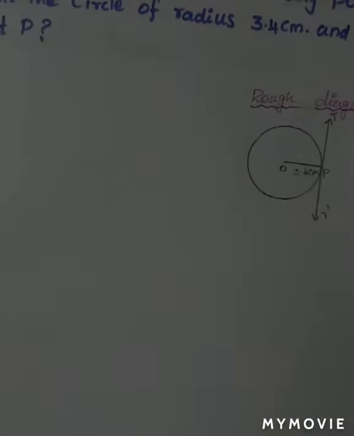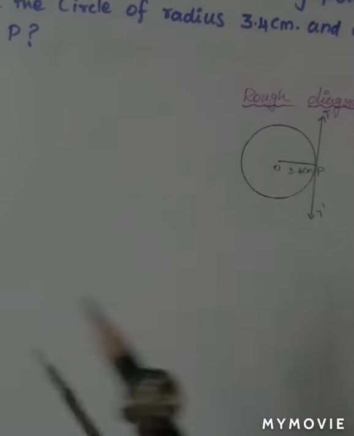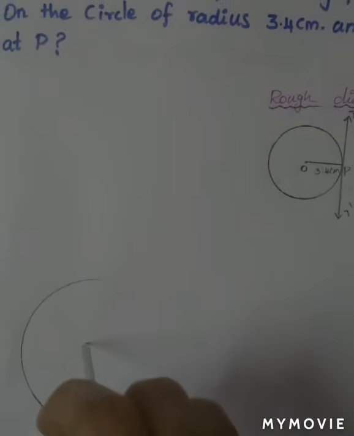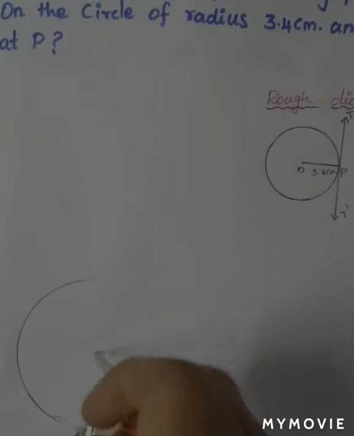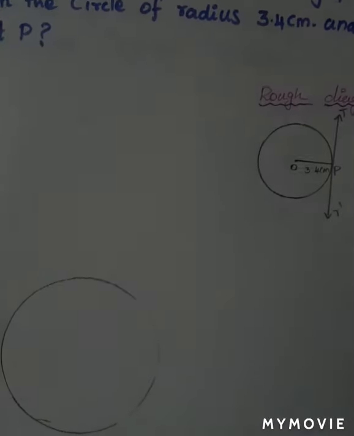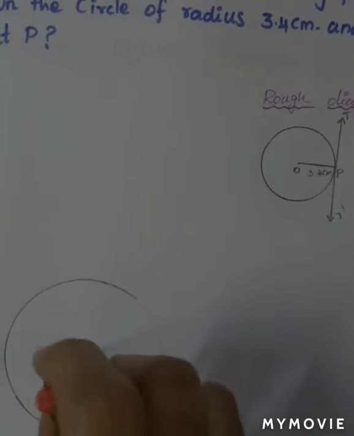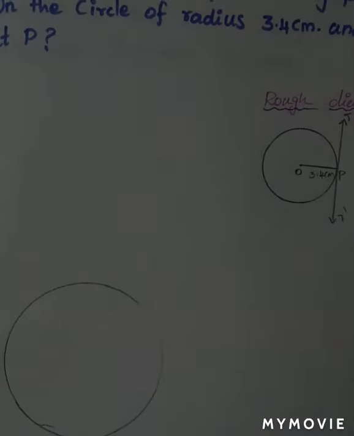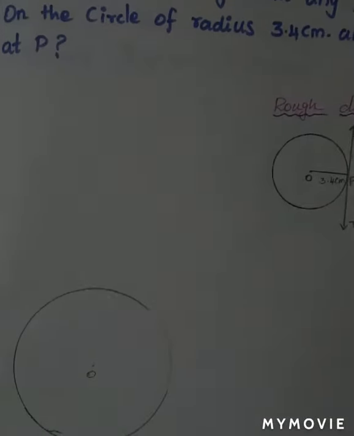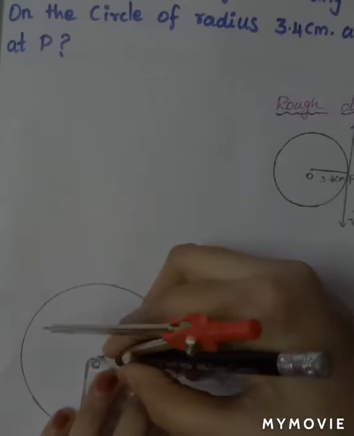With O as the center, draw a circle of radius 3.4 cm. Draw the radius OP. P is given already in the question.